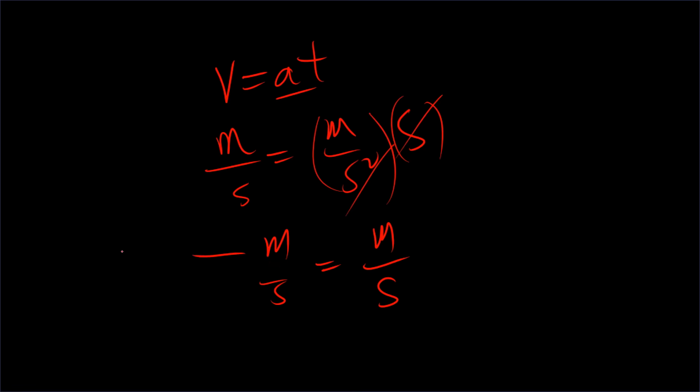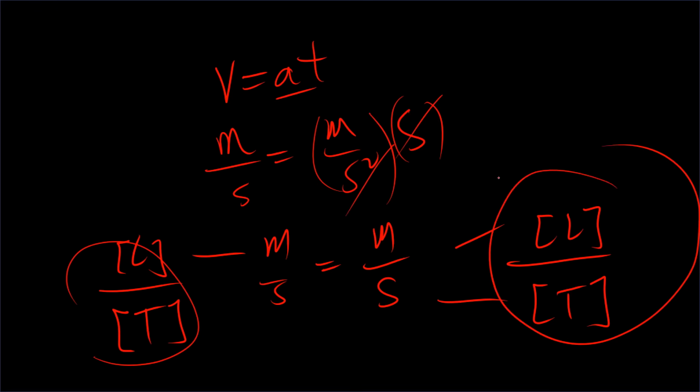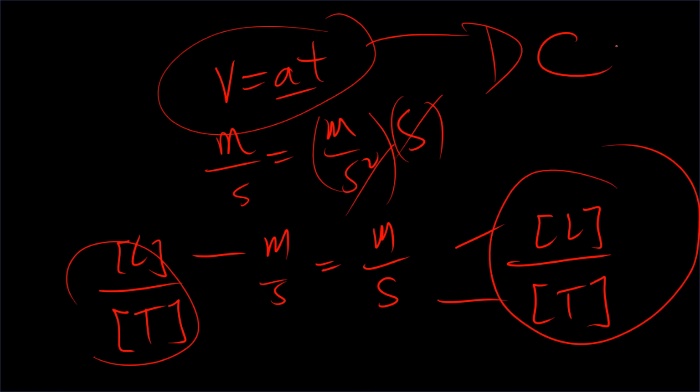So this is a unit of length, and this is a unit of time. So sa kabila naman, this is a unit of length, this is also a unit of time. So since magkapareho yung dimension sa magkabilaang side ng equal sign, so this equation is dimensionally correct.